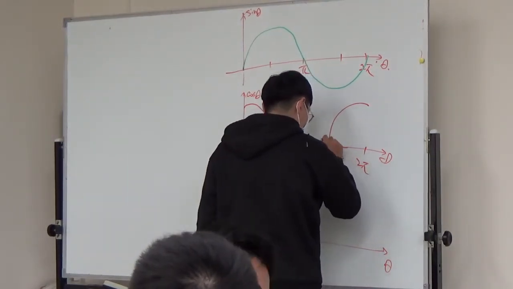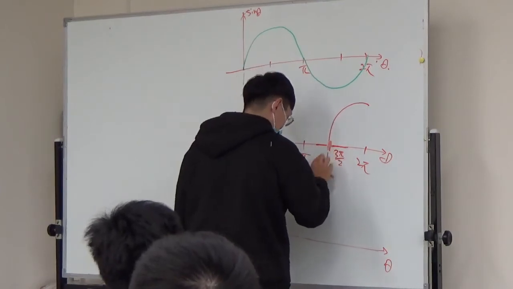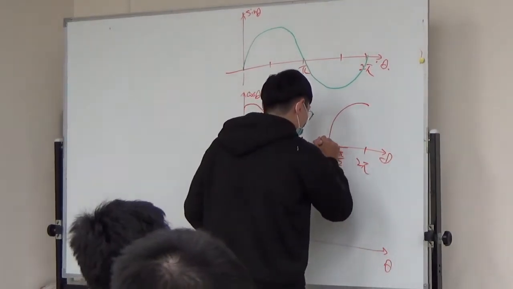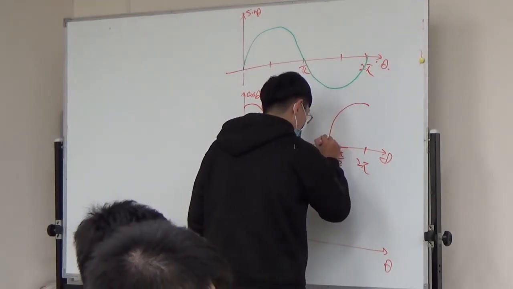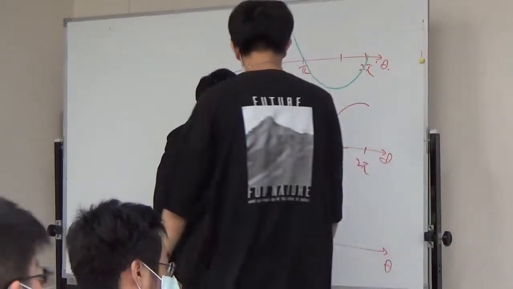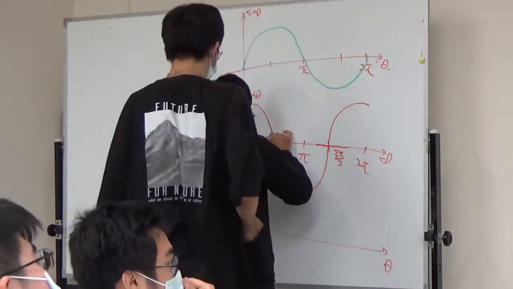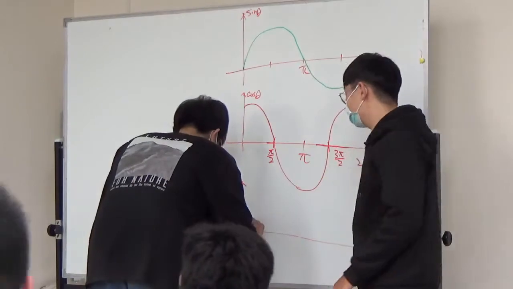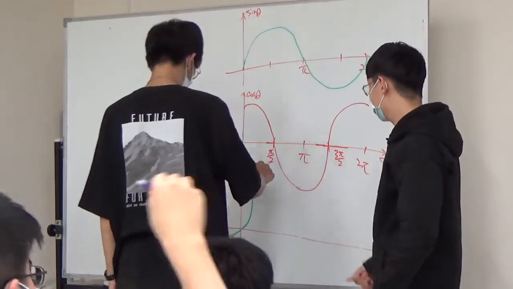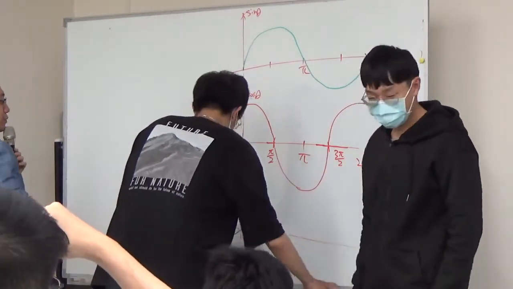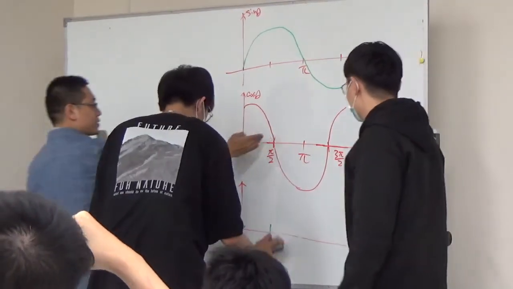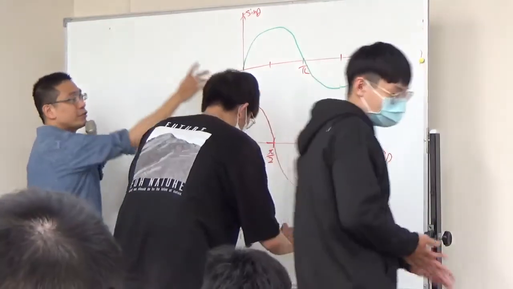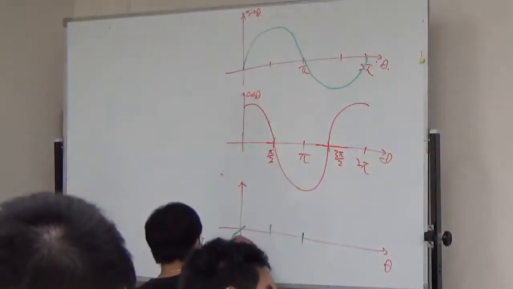One tangent. Okay, 3 points. Tangent is more difficult. Are you sure? No, you use the same scale. Use these 2. Tangent equals sine over cosine, right?